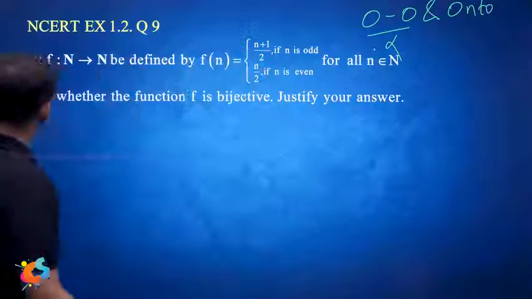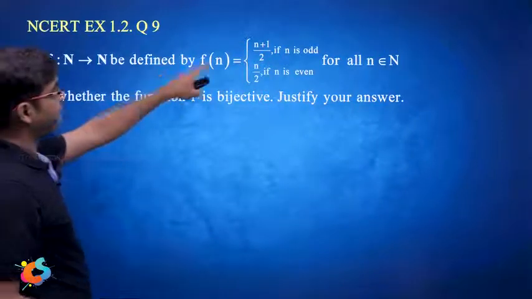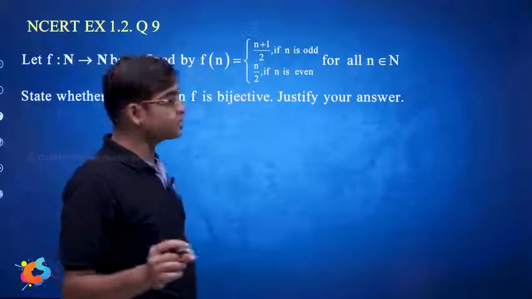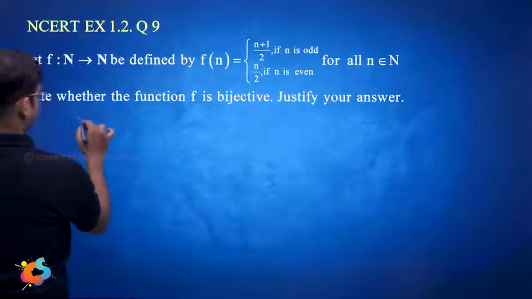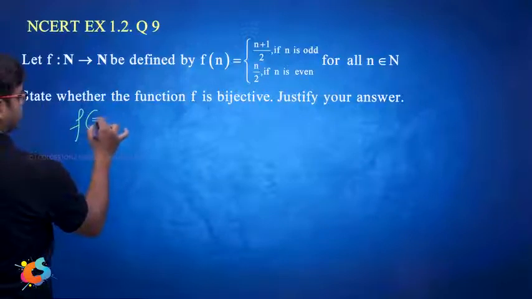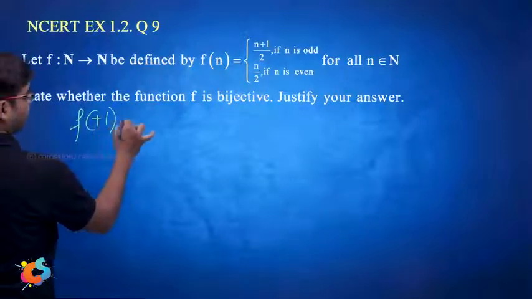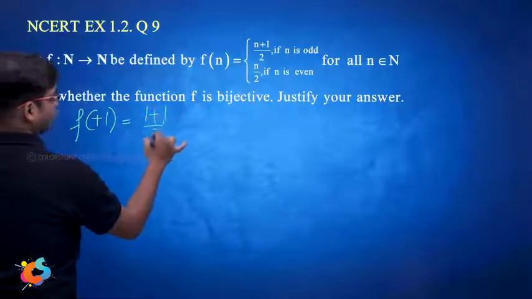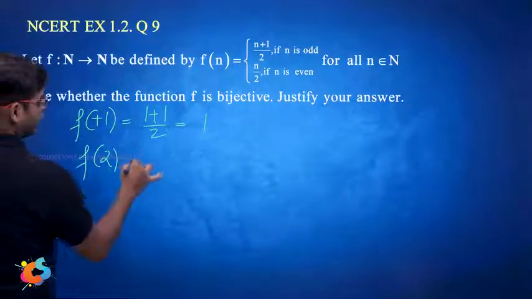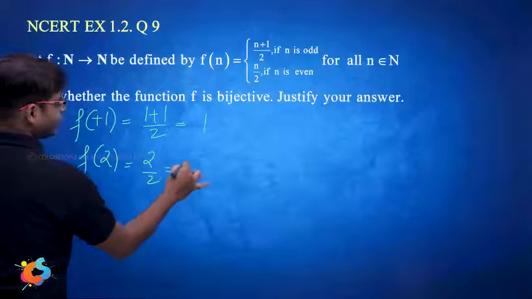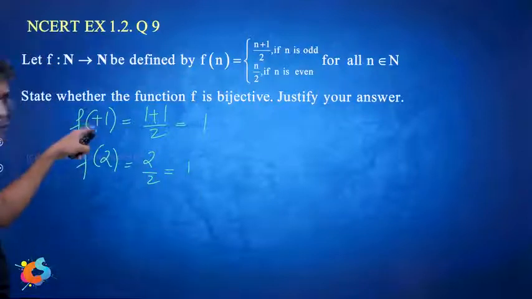So here we will write both of them. So f of n is equal to n plus 1 by 2 if n is odd and n by 2 if n is even. Okay. So here f of 1 is equal to 1 plus 1 by 2, which is equal to 1. f of 2 is equal to 2 by 2, which is equal to 1. I hope you are understanding. This is odd, this is even.